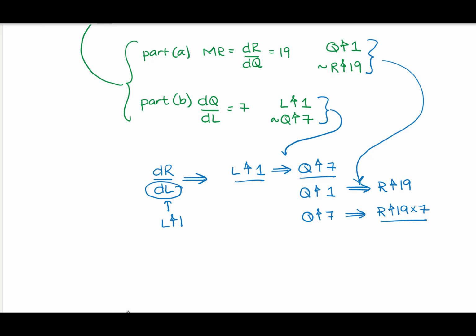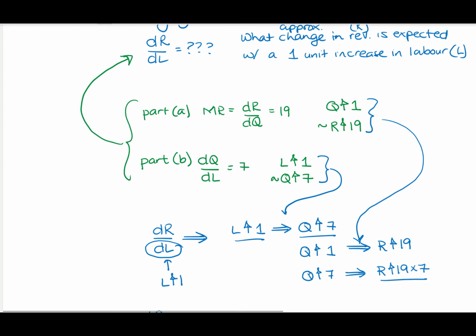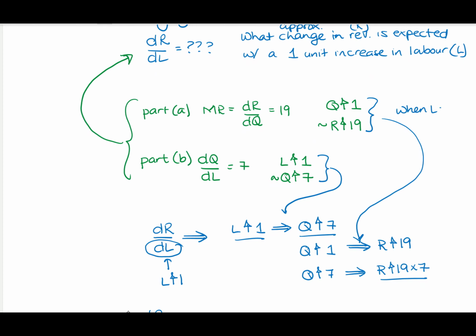So we can calculate dR/dL, and please note that all of this was for when L is equal to 30. We're trying to figure this out for when L is equal to 30.